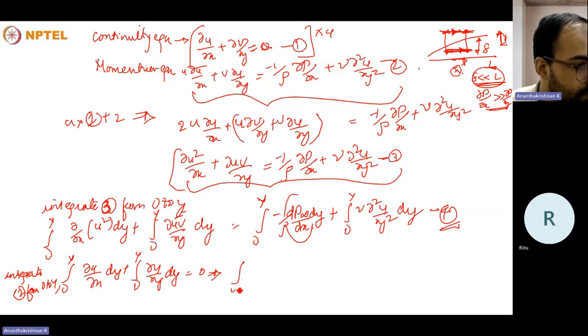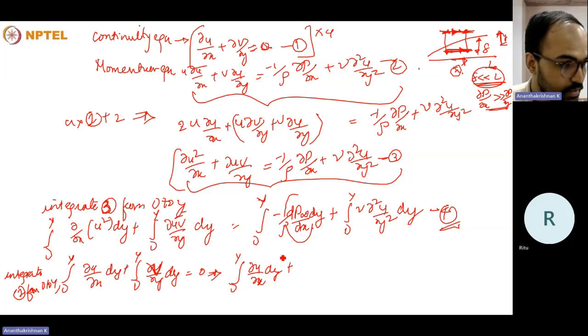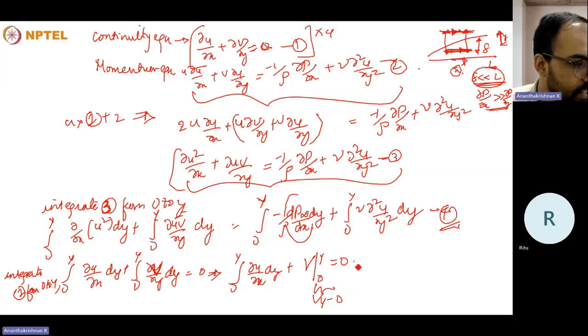That gives the integral of 0 to y of dou u by dou x dy plus, for dou v by dou y into dy, v at y minus v at 0. This will be V at y minus V at the surface, which is 0 for the no slip condition and impermeable wall. So that will be V at y minus 0. That will be the final integrated value for this second term. This is actually a mathematical manipulation that we do to calculate the value of V at y.